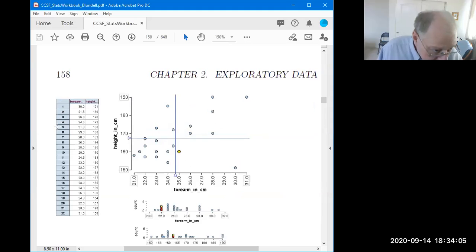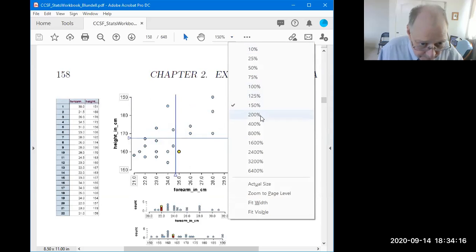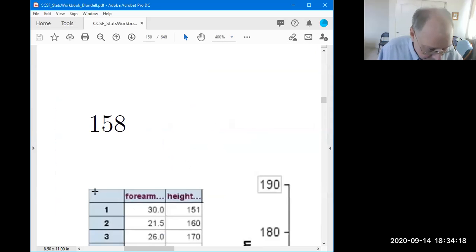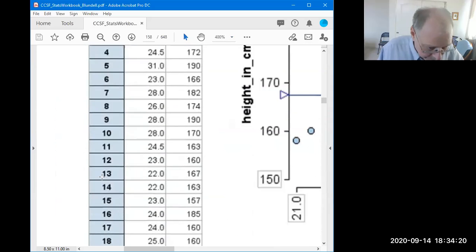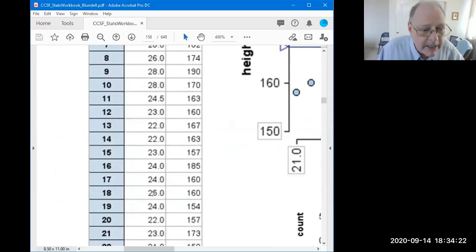This is the index number over here, person number 1, person number 2, and so forth. So the person with index number 18 is person number 18 right there. And you see that guy has coordinates 25, 160.